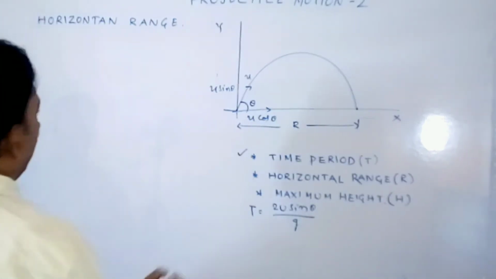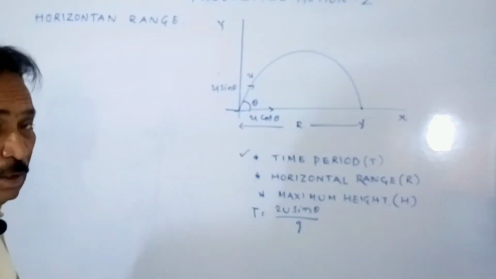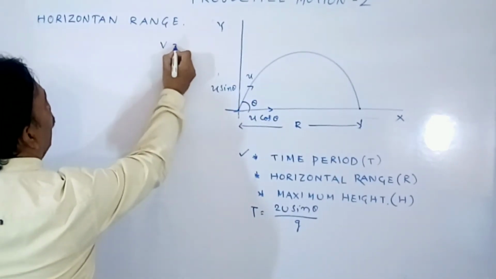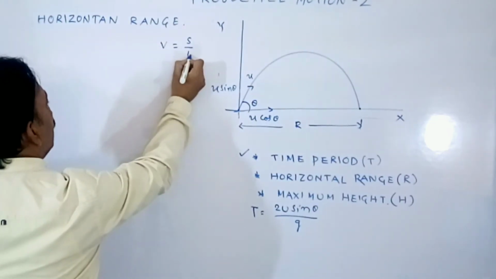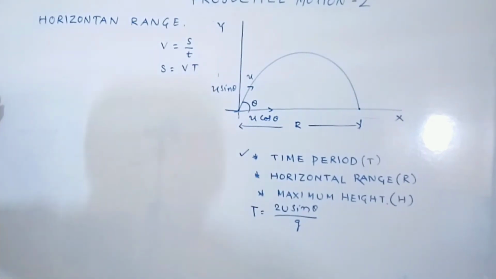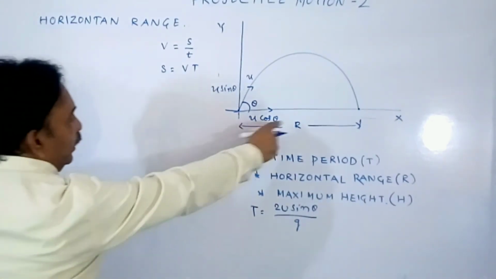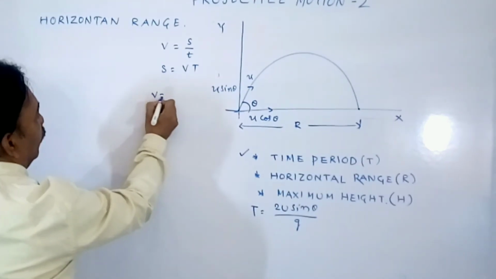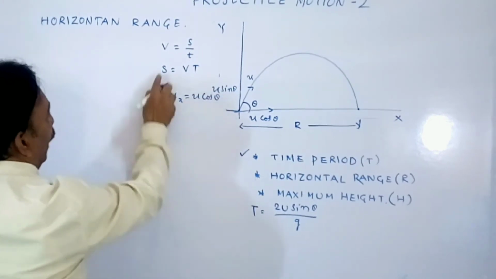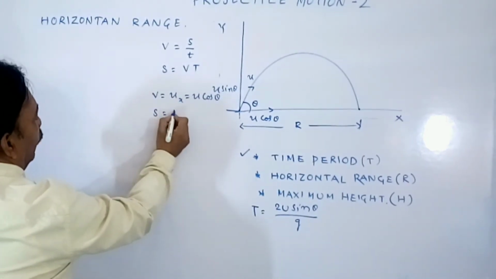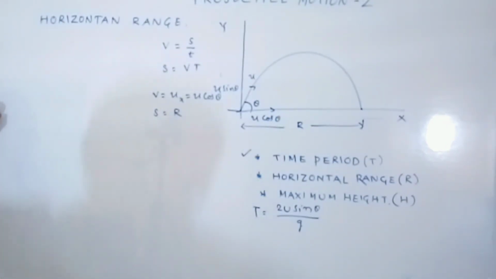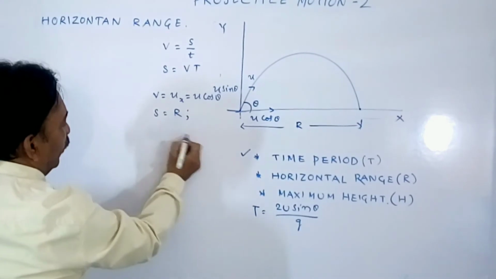Then we can write for uniform motion: velocity is equal to displacement upon time, or displacement can be written as velocity multiplied with the time. Here, what is the velocity? Horizontal component of velocity. V has to be taken as Vx, and you know that it is u cos theta, and S is the displacement. We are calling it R. Then we have to substitute the values, and T, time of flight, we already registered here.